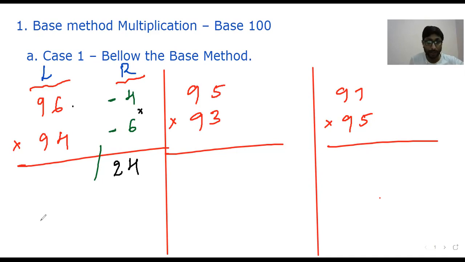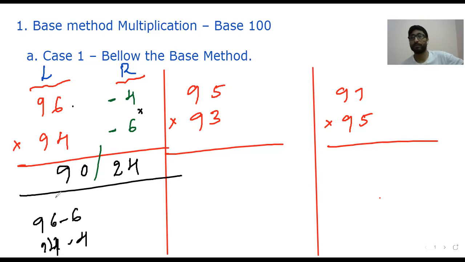Step 2: cross simplification, 96 minus 6, or 94 minus 4. The answer is going to be 90. So 96 minus 6 is 90 and 94 minus 4 is 90. Understood?